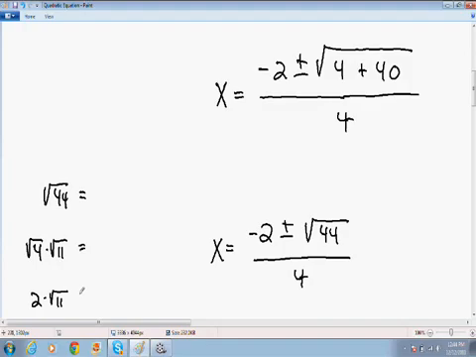So the square root of 44 can be simplified as 2 times the square root of 11. If you don't know how to simplify square roots, I have a video about simplifying square roots that I highly suggest you watch. I don't want to spend too much time on that because I'm trying to teach the quadratic formula. You always want to try to simplify as much as possible.